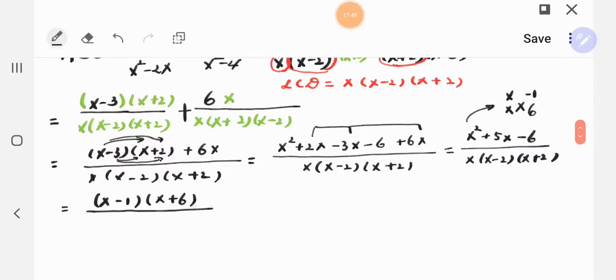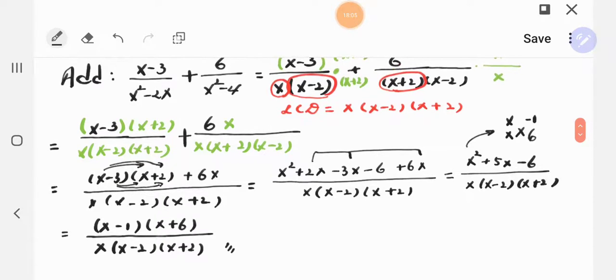And the denominator is x times (x minus 2)(x plus 2). In this case, we do not have any common factor, so we are done. This is the result of adding the two fractions.